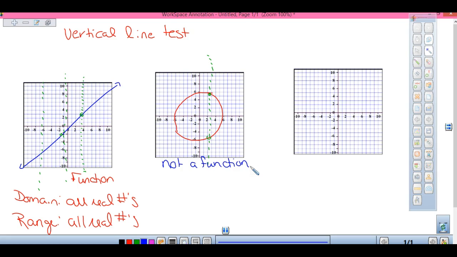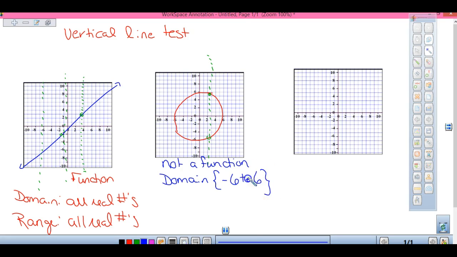Now my domain are my x's. So my domain goes from what to what? Goes from -6 to 6.